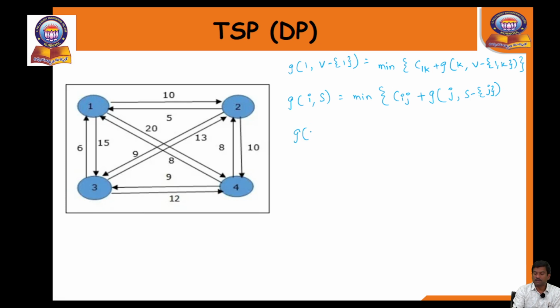And the initial condition is g(i, null) equal to ci1, where i ranges between 1 to n. So these are the formulas or functions used to compute the traveling salesperson problem using dynamic programming.